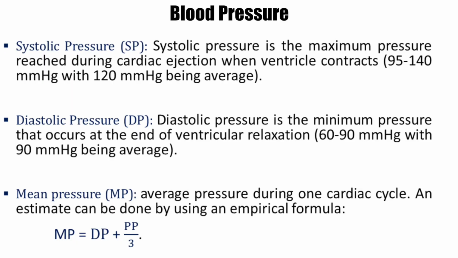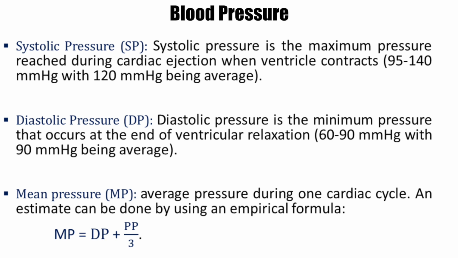Now we are going to define three types of blood pressure: systolic, diastolic and mean blood pressure. Systolic pressure is the maximum pressure reached during cardiac ejection when ventricle contracts. It varies in normal cases from 95 mmHg to 140 mmHg, with 120 mmHg being taken as average, while diastolic pressure is the minimum pressure that occurs at the end of ventricular relaxation and varies from 60 mmHg to 90 mmHg, with 80 mmHg being average.